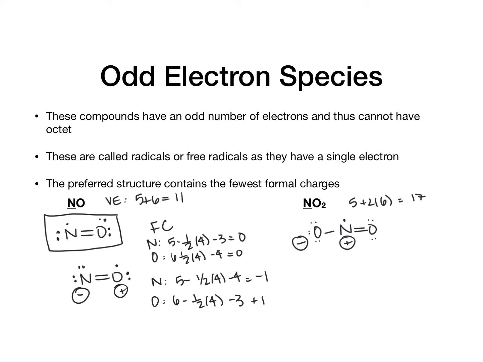And so it will have a resonance structure with this orientation. And so in an odd electron species, the goal is to create a structure with minimal formal charges and the odd electron being in a place where it is advantageous to formal charges.